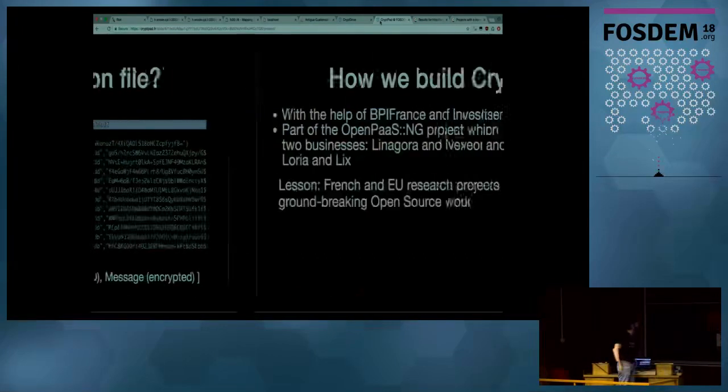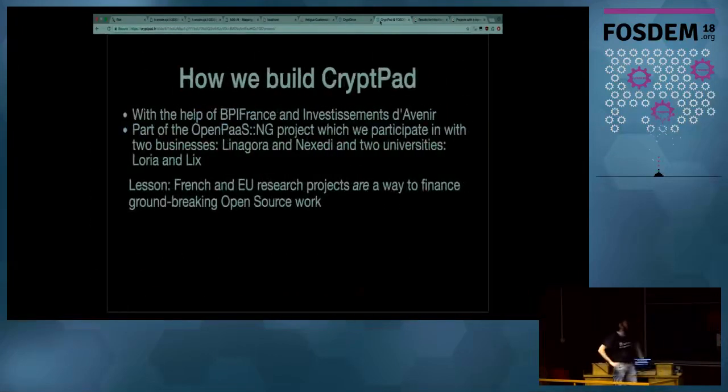I want to say, if you're doing interesting things with open source, consider research, because this was funded by Investissements d'Avenir and BPE France, part of the OpenPaaS NG project, which we participate in with a couple of businesses, Linagora and Nexity, and a couple of universities, LORIA and LIX.